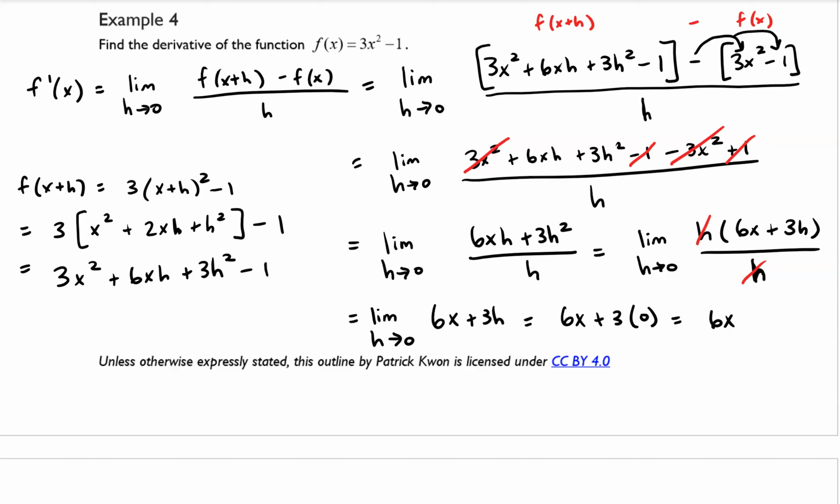So after all of that work, we have come to the conclusion that the derivative function, or f prime of x, is equal to 6x. And so we want to box our final answer, and we are done with this example.